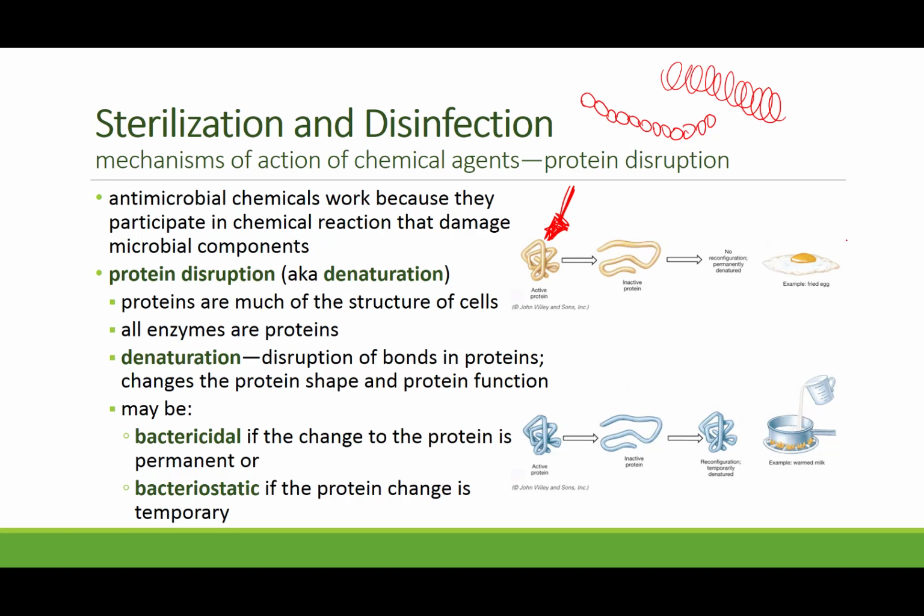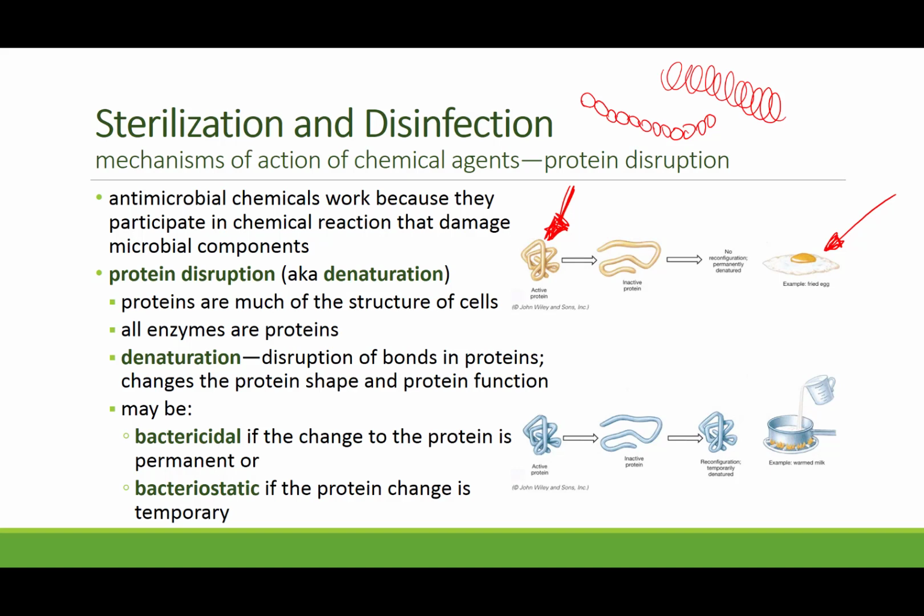We can permanently denature a protein with heat, for instance. And that's what happens when we have a fried egg. The egg white goes from being loose and thin and runny to being a solid that is no longer clear, but is instead an opaque white.